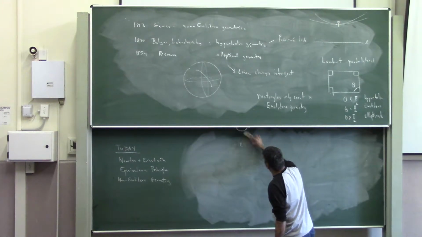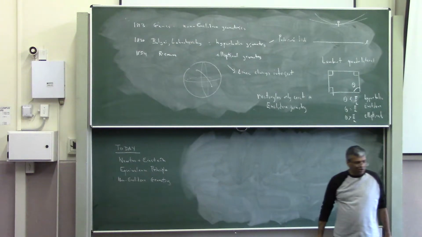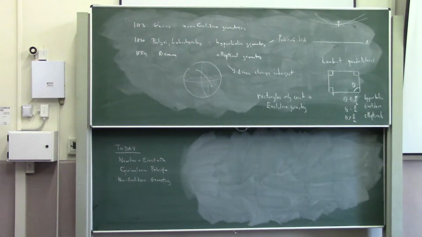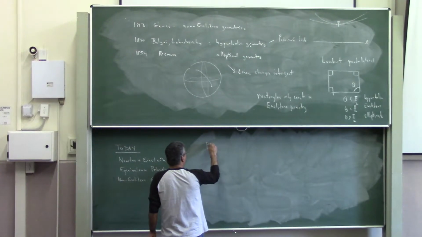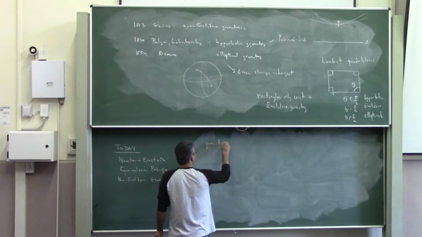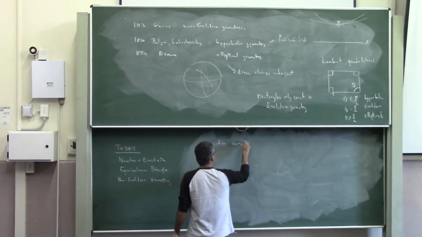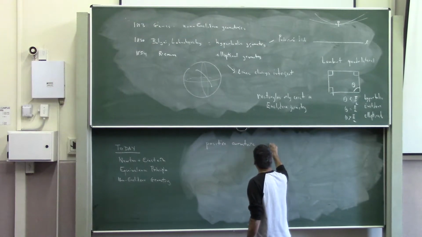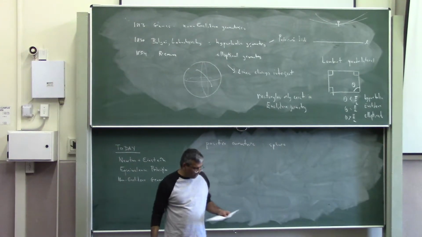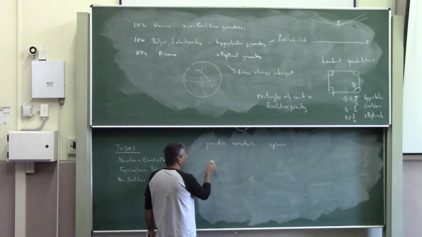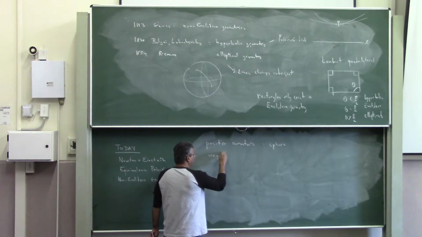So we need to choose some notation, and the problem with notation sometimes is that everyone chooses notation differently. So I'm going to call positive curvature a sphere. So let a sphere be positively curved, and I'll let a saddle be negatively curved.